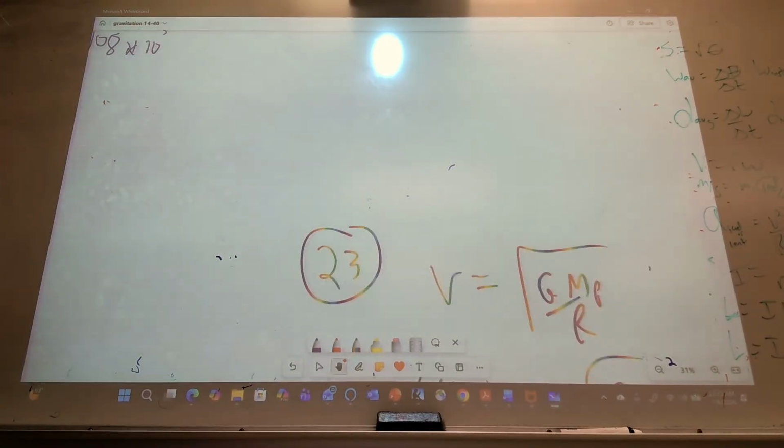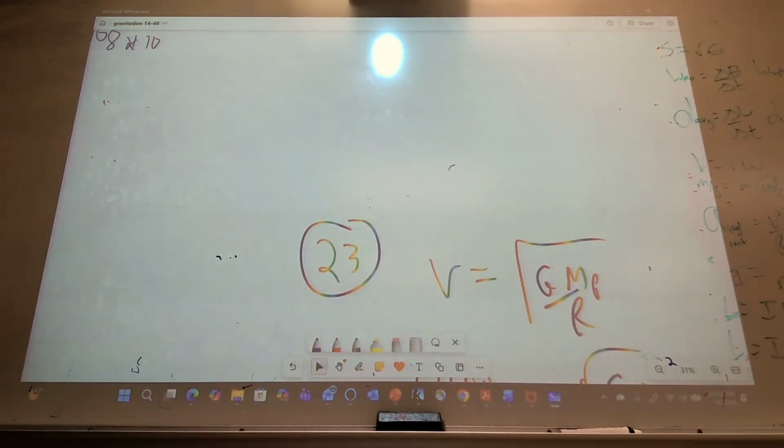Okay, since they gave us the r and we know the speed, you can solve for the mass of the planet, just like we did in the previous problem. We're solving for the mass of the planet.